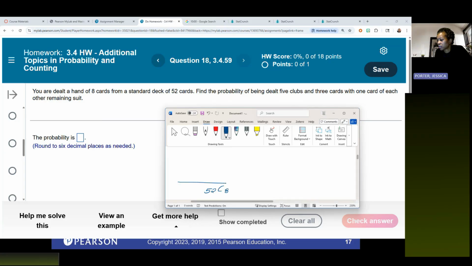That's my denominator. But then they said, find the probability of being dealt 5 clubs. Well, there's 13 total clubs in the deck, and I'm choosing 5 of them. Then it says you want 3 cards with 1 card of each other remaining suit. So 13 combination with 5, and then the remaining suits, 1, 2, 3. That's the setup.